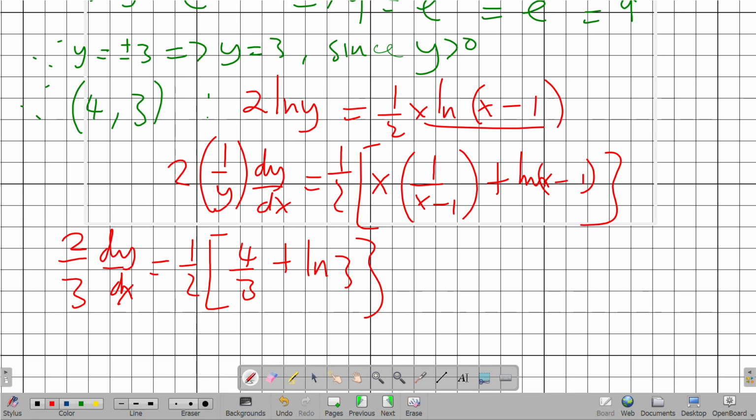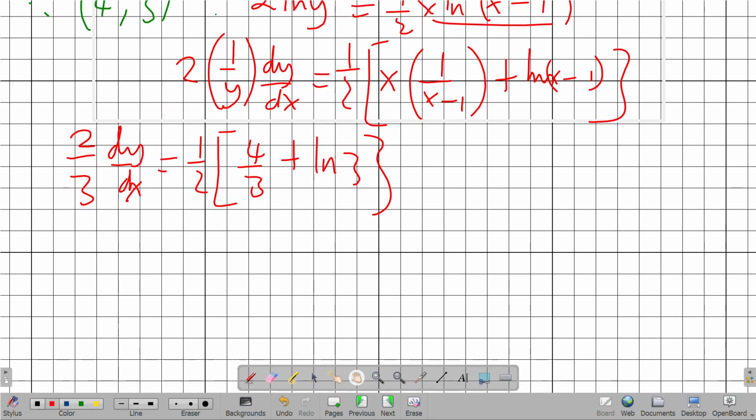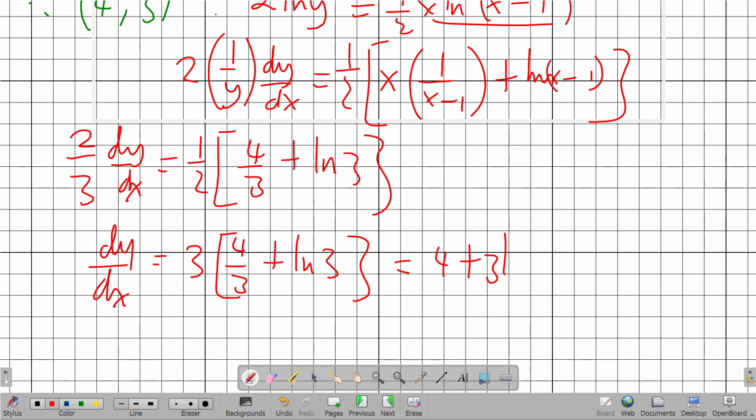So that means dy over dx, let me just multiply everything by 3 over 2. This is going to be 3 in bracket 4 over 3 plus natural log of 3, which perfectly comes out as 4 plus 3 natural log of 3. Right? So that is how we use implicit differentiation.